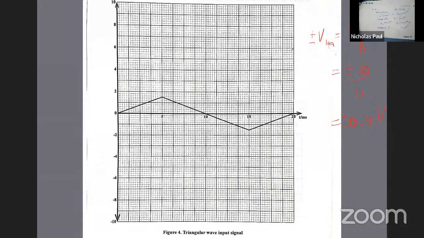What type of op amp is this? Inverting, non-inverting? Non-inverting, not inverting. So it means that the positive input will give you a positive output. So let's draw the line for plus and minus 0.91 now. I see 0.1, so that's 0.2, 0.4, 0.9 is like in the middle here somewhere.